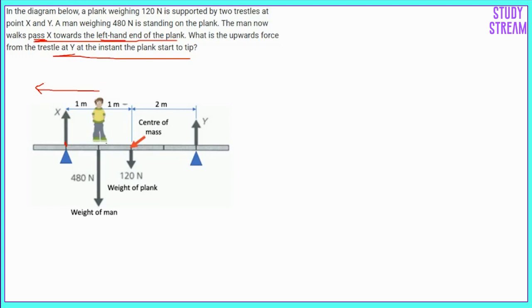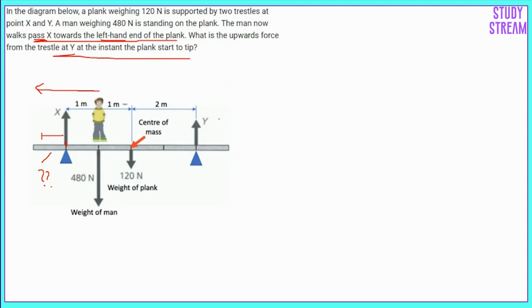Okay, so we need to make a new calculation. The new position of this man is probably somewhere at this point. We don't actually know. This is an unknown. So for now, we need to apply the same principle of equilibrium, but with a new position.